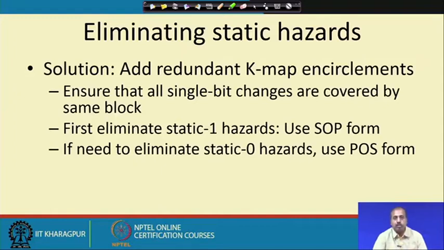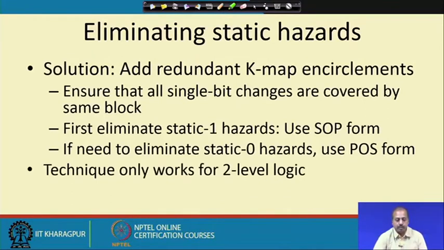So the process becomes complex. First you do the encirclement and make the SOP form, and then if you find that a static 0 hazard is also there, you have to use the product of sum form and again do the encirclement in that fashion. But unfortunately, this technique works only for 2-level logic. For multi-level logic there is no solution to the static hazard problem.